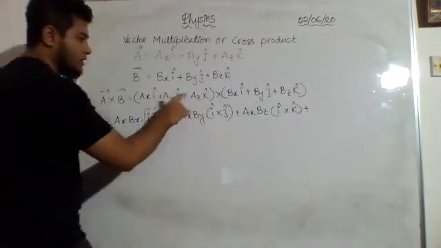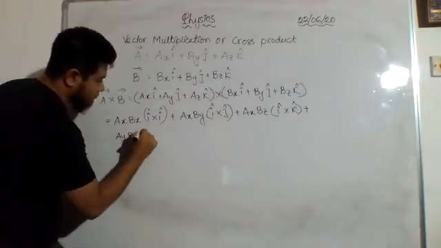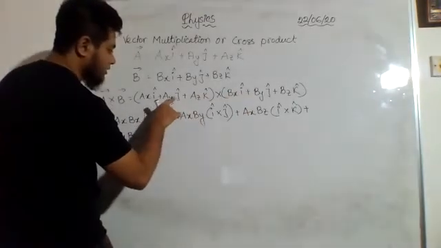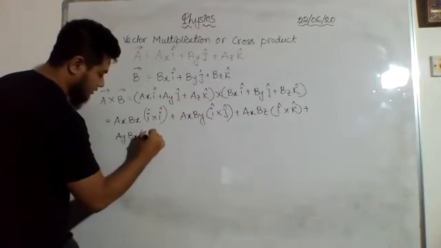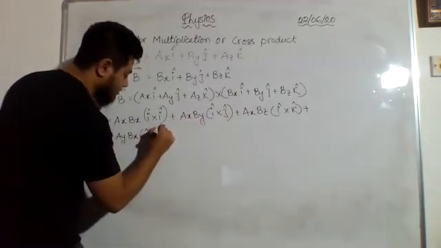And then AY into BX. Sorry, AY is j, so j into BX, BX is i, j cross i.